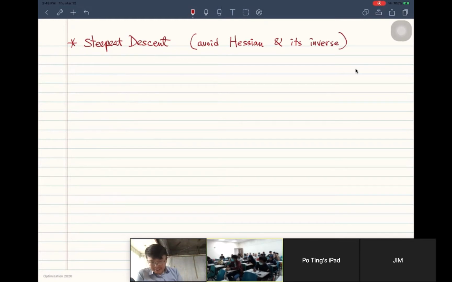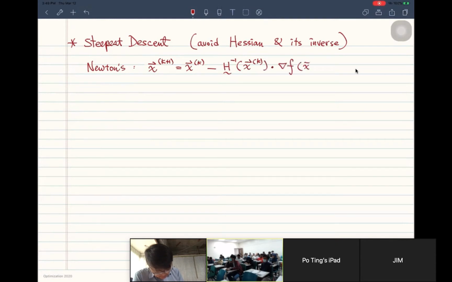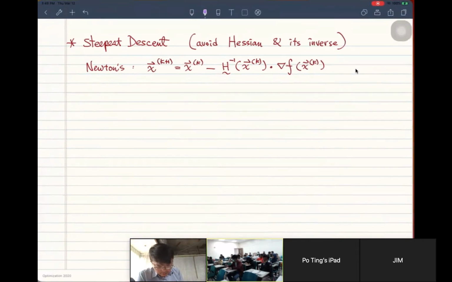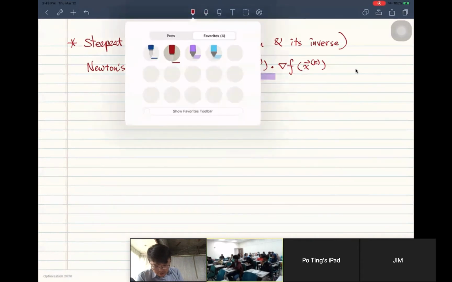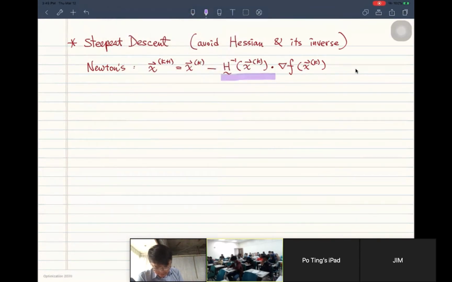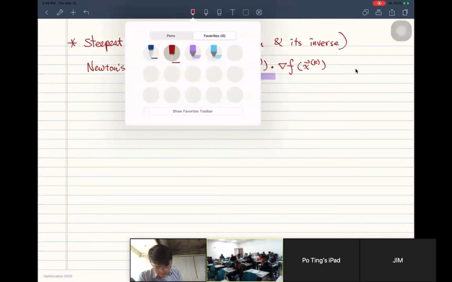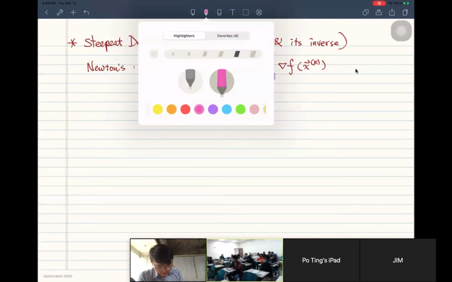Okay, so if we look at Newton's method, if you look at this, here is a very important thing, which is the inverse Hessian. And let's look at the other guy. Here.